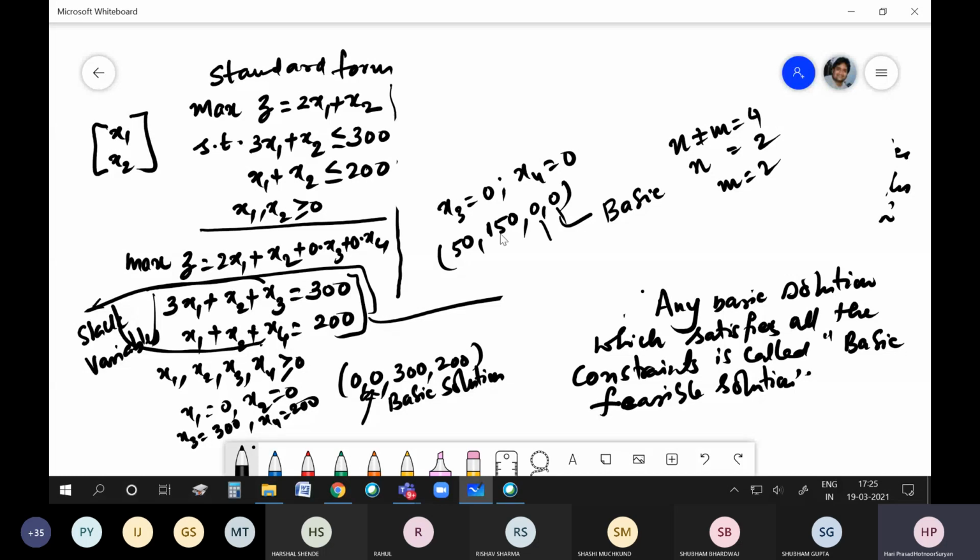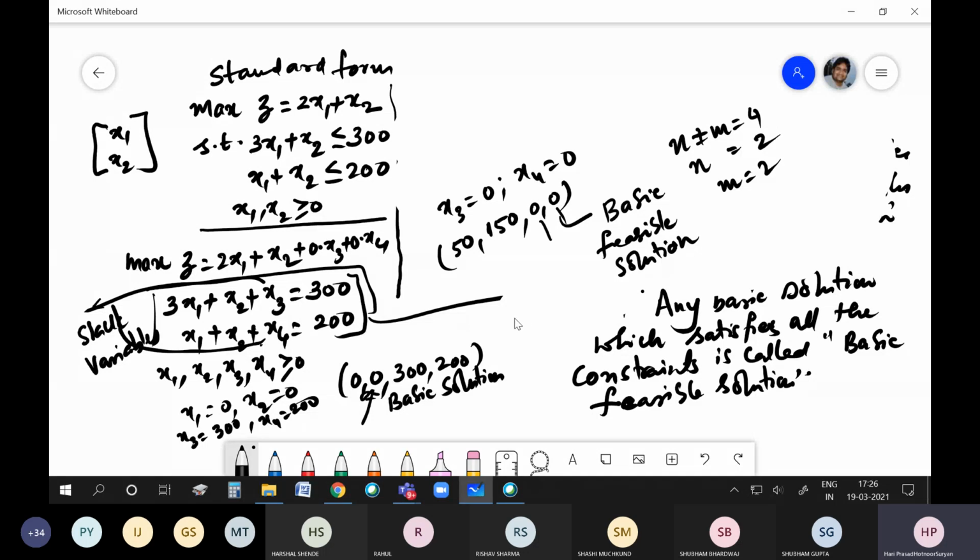This is also a feasible solution because it satisfies both the constraints. They should satisfy all the constraints. Even if it violates one constraint, it will not be feasible.